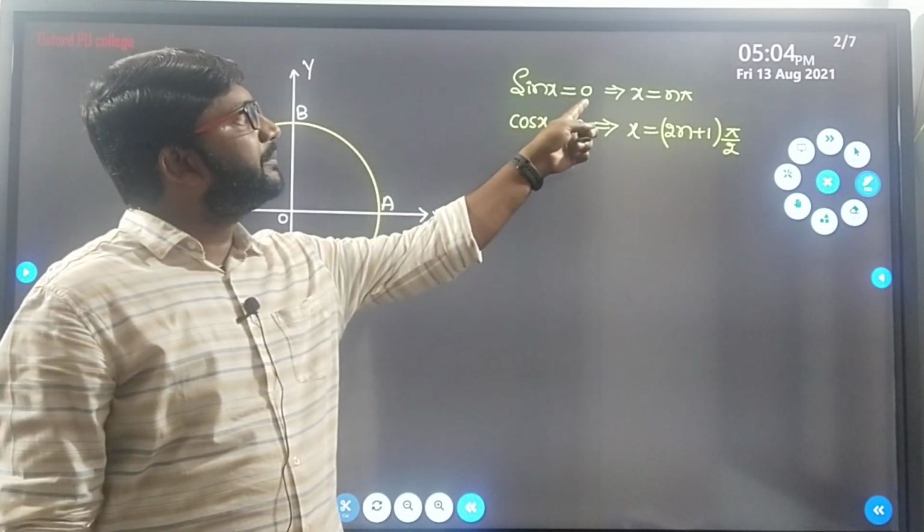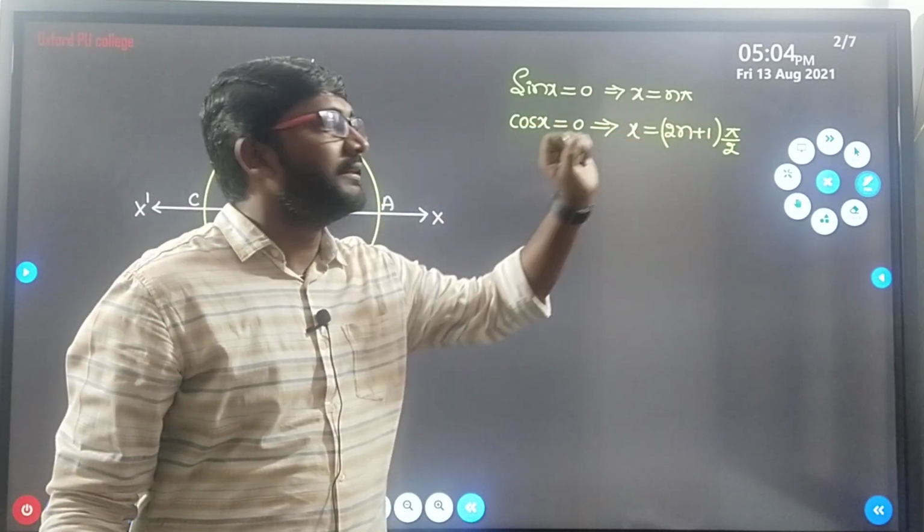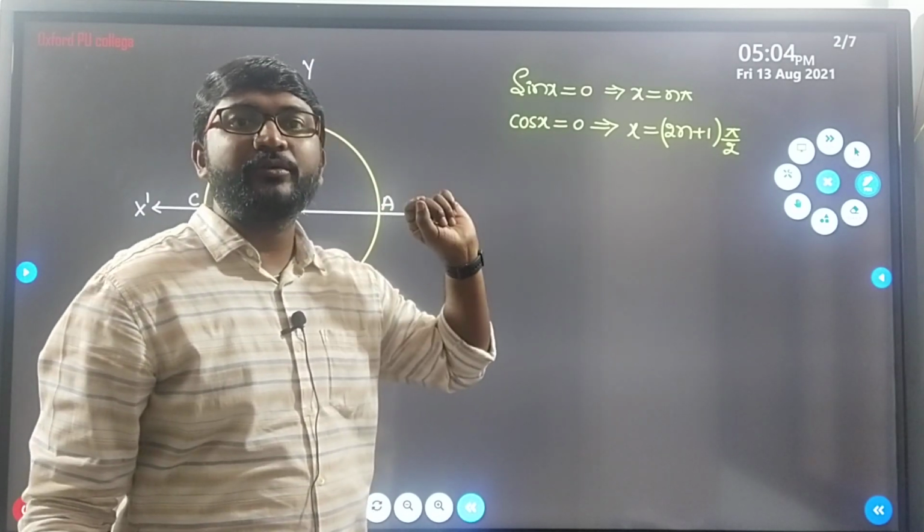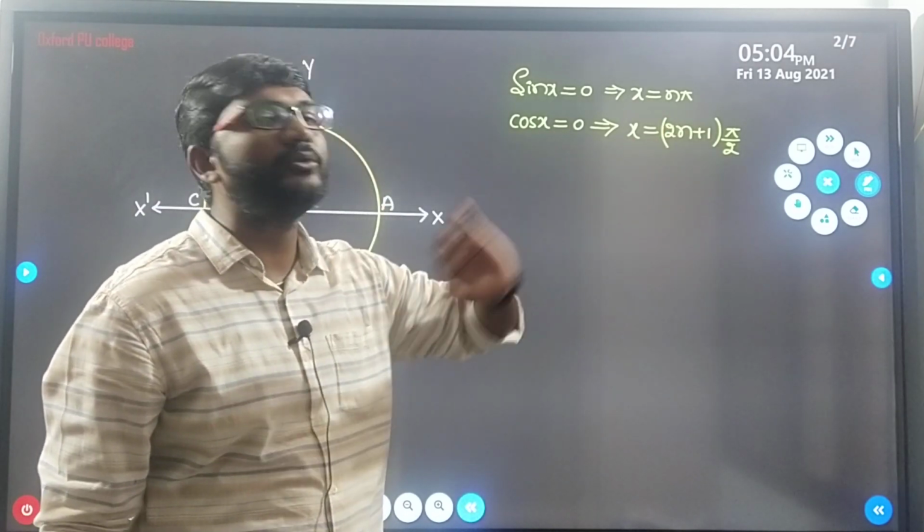So sin x will be 0 when x is n pi, and cos x becomes 0 when x is 2n plus 1 into pi by 2.